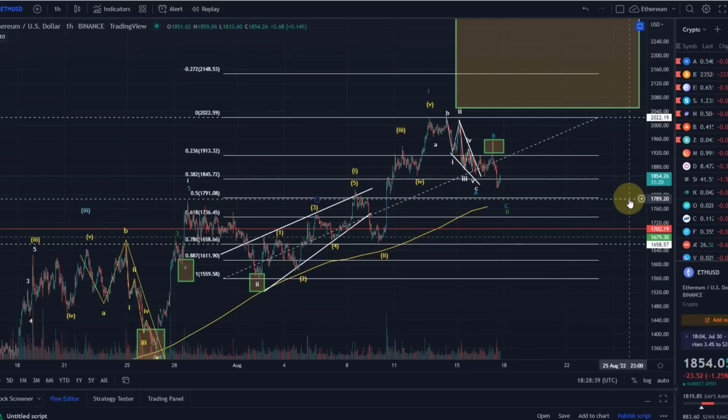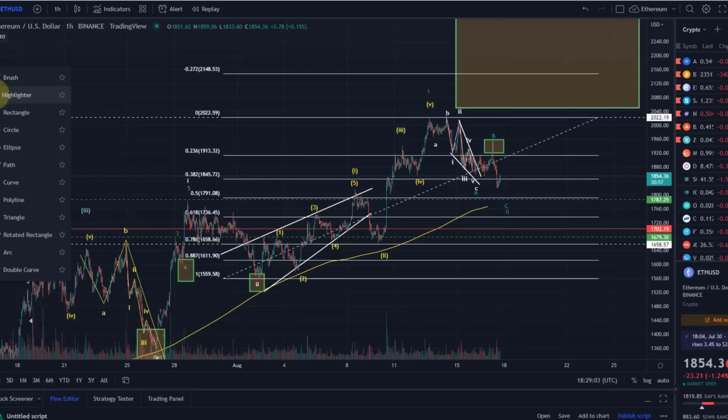So that is another key pointer that would tell us that, indeed, the low of the wave 2 could be here, but we're not there yet at 1787. And then below that, we've got the 61.8% Fib level at 1736. Just below that, the 78.6% Fib level at 1658.